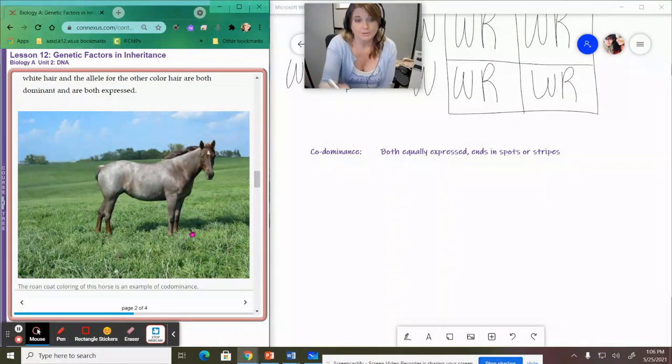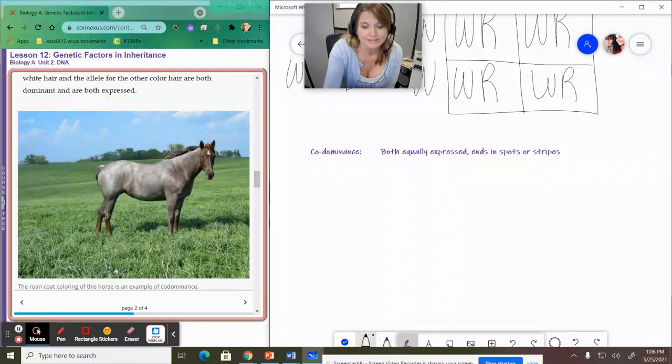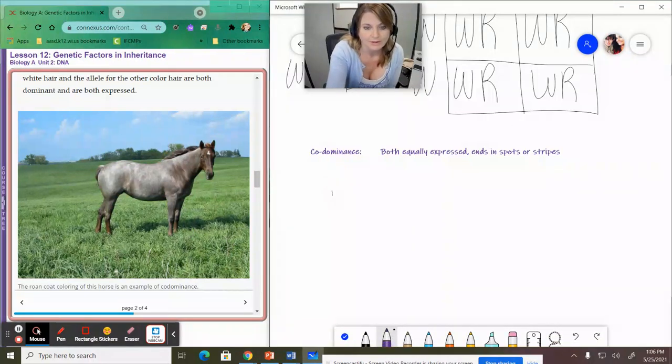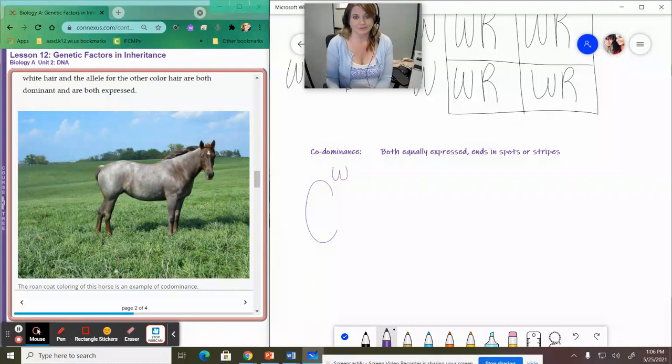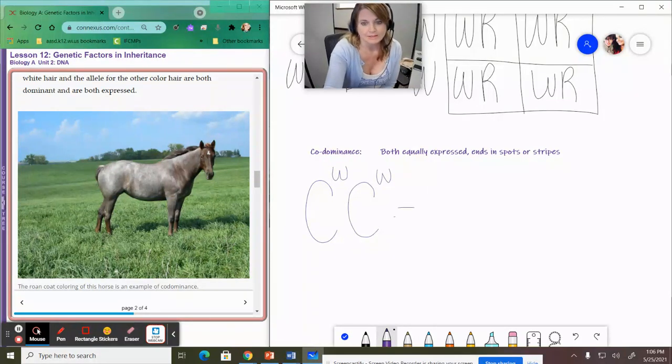So we use the capital letter C because we're talking about color. And we're talking about a white color, we denote it with a W as a superscript. So if you have a white colored horse, it would have two alleles that would look like this. And this would tell us that it's white.